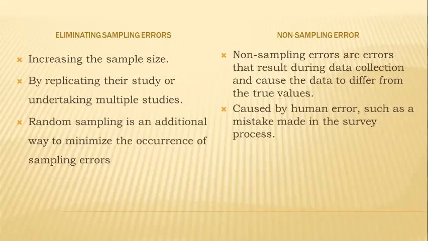The 45 and above group may have the purchasing power, but they do not waste 10 hours per week watching various kinds of videos available through an internet connection. So that is non-sampling error.